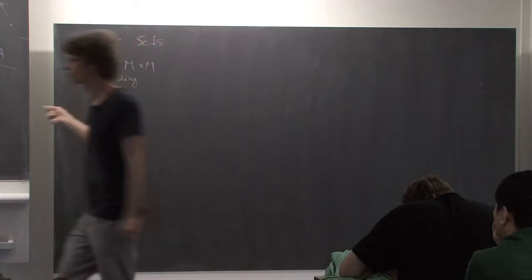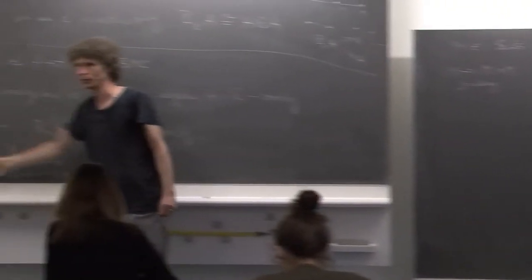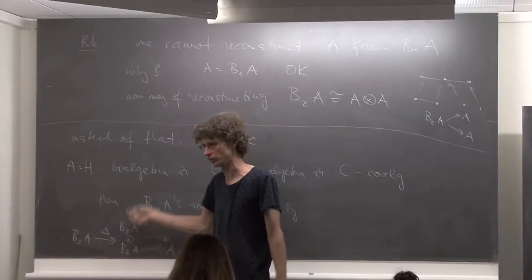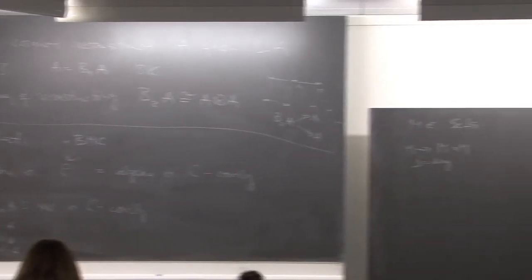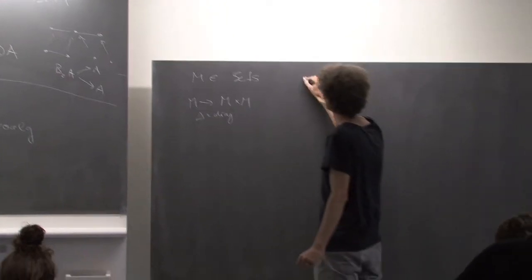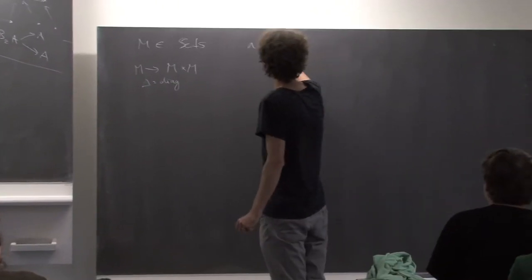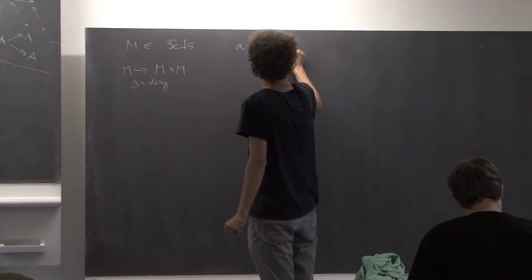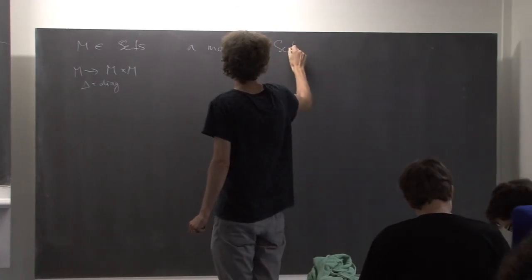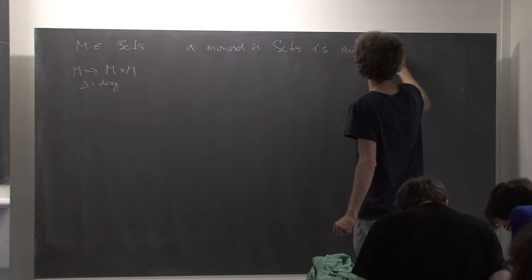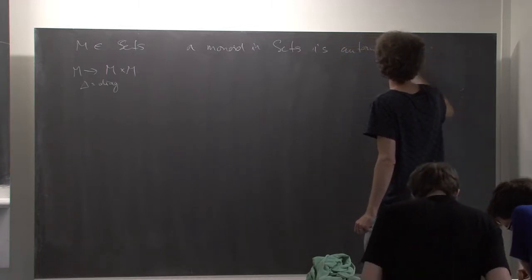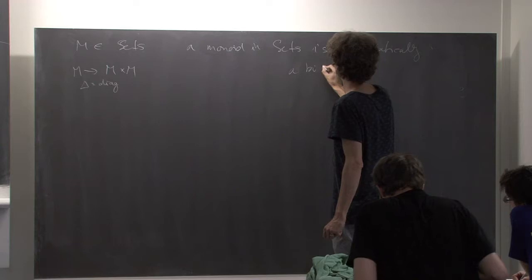And so then we automatically have this. Right? So this tensor product is just a Cartesian product. And so that's what happens. So actually one can say that a monoid in sets is automatically a bialgebra.